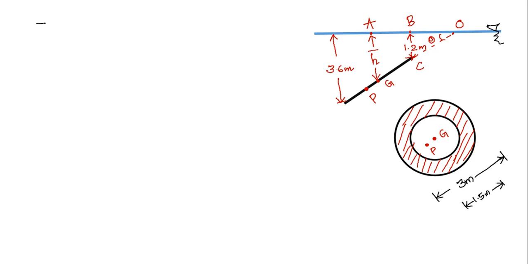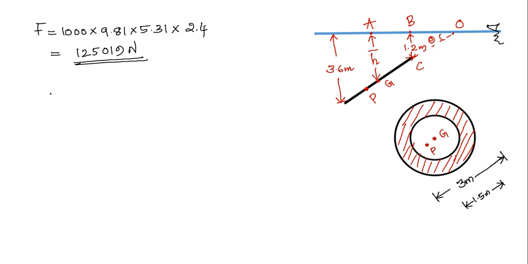Now we will substitute in our expression F is equal to rho g A h bar. We will get it as 125019 Newton.